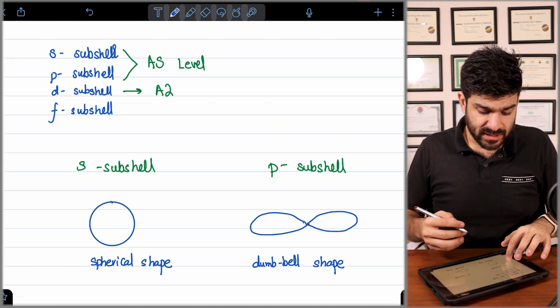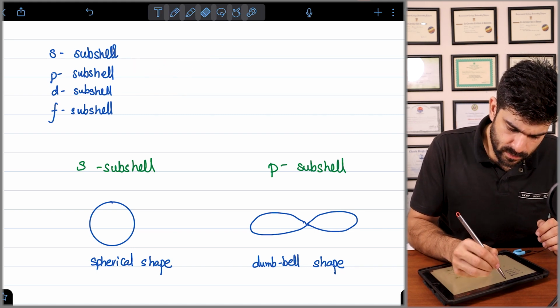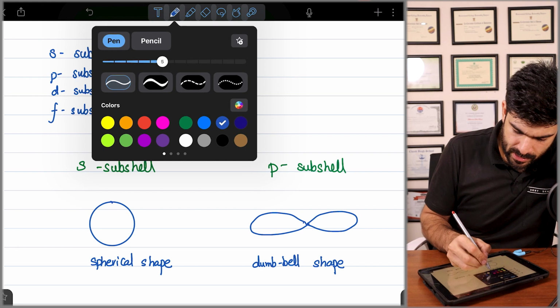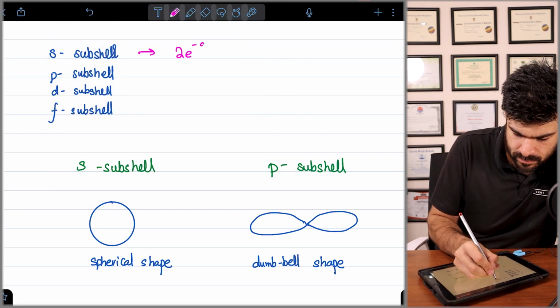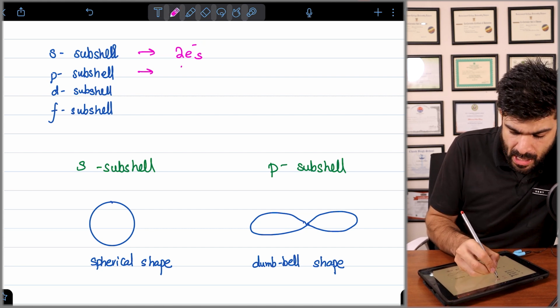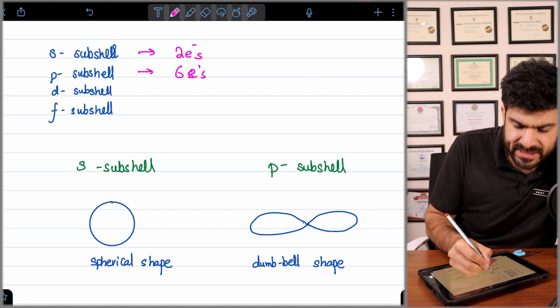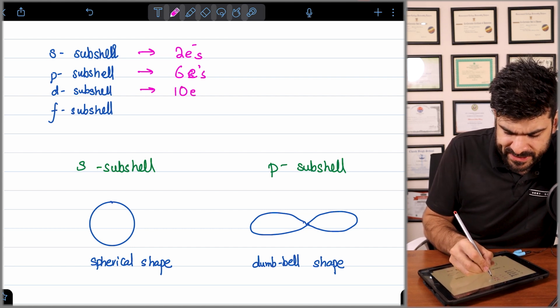Each subshell contains a good number of electrons. So there is a rule that the S subshell can contain a maximum of 2 electrons. P can have a maximum of 6 electrons. D can have a maximum of 10 electrons.